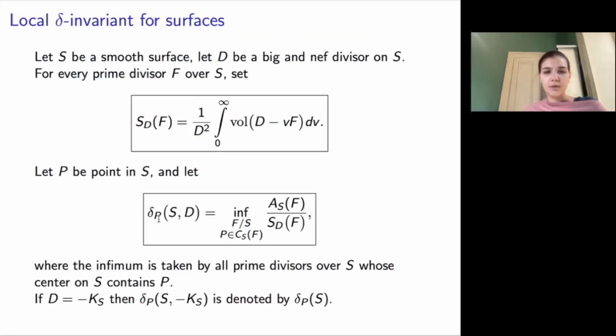So the local delta invariant for the pair (S, D), where S is the surface and D is a big enough divisor, can be defined as the infimum of the ratio of the log discrepancy over this S integral, where the infimum is taken over all the prime divisors over the surface S whose center contains our point P. And usually, if our divisor is just the anticanonical divisor, then we drop the D and just denote it by delta_P(S).